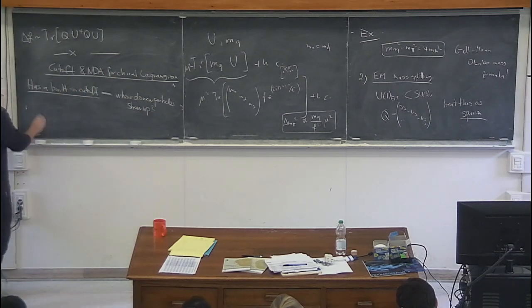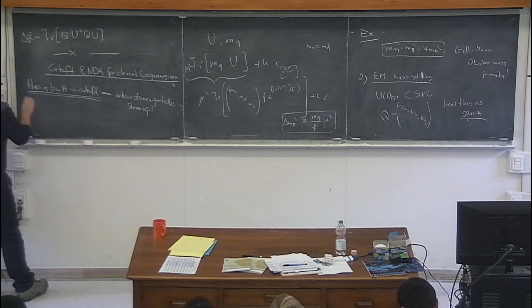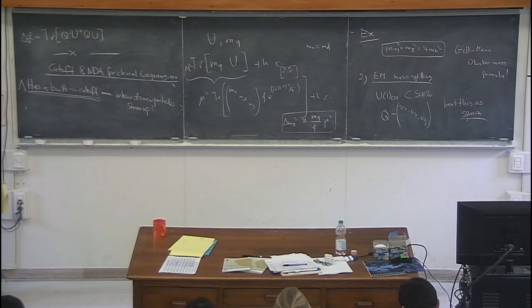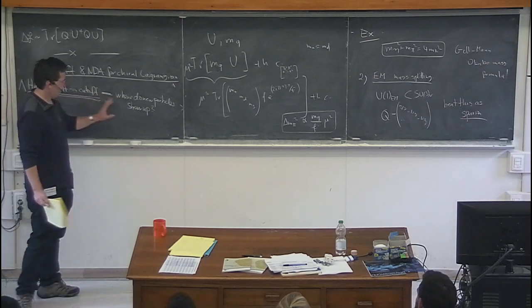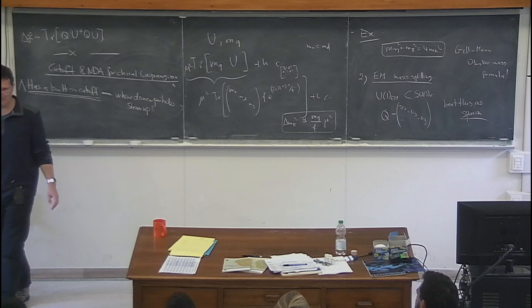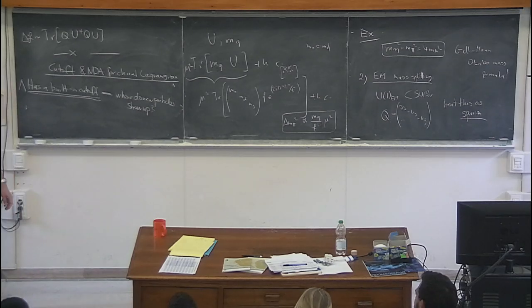Okay. So what is that built-in cutoff lambda? Well, one way to calculate this is to say that the scale where the new particles have to show up is roughly the scale where the predictability of my theory is breaking down.